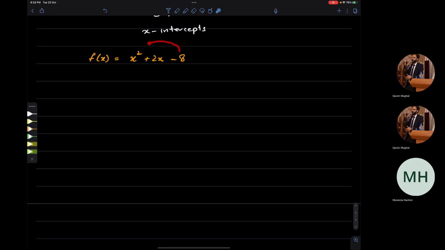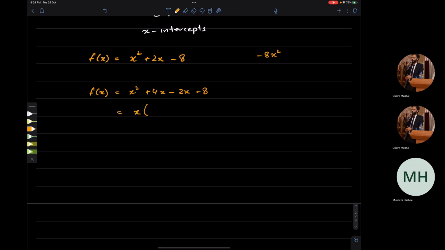So this is giving you minus 8x squared. So you need two numbers. When multiplied, you should get negative 8x squared, and the difference of the two numbers should give you positive 2x. And the two numbers are positive 4x and negative 2x. Okay? x squared plus 4x minus 2x minus 8.